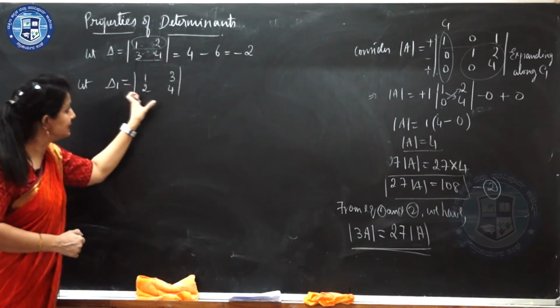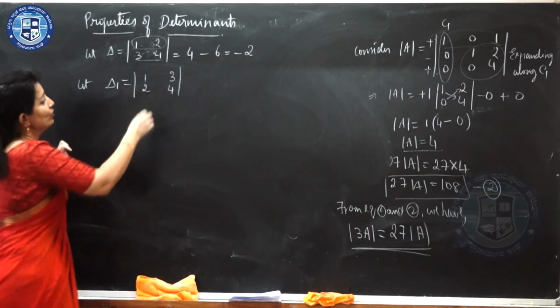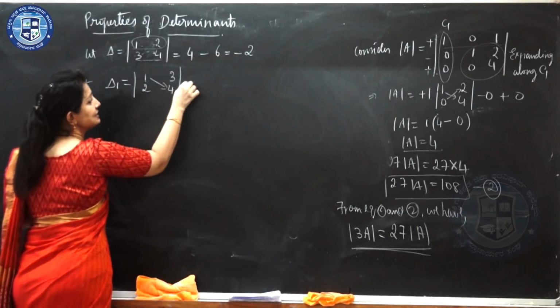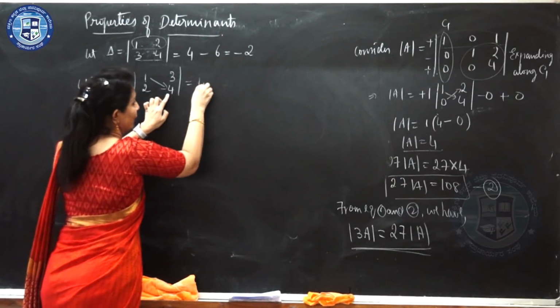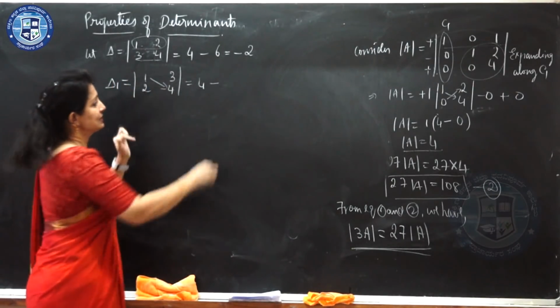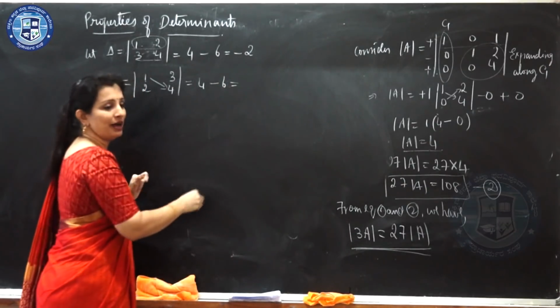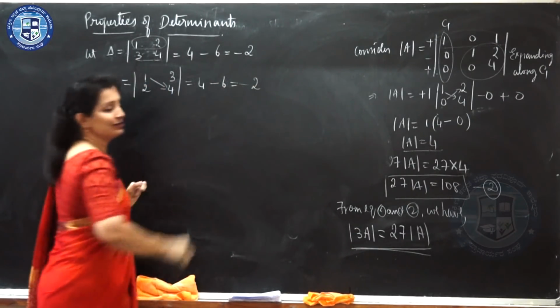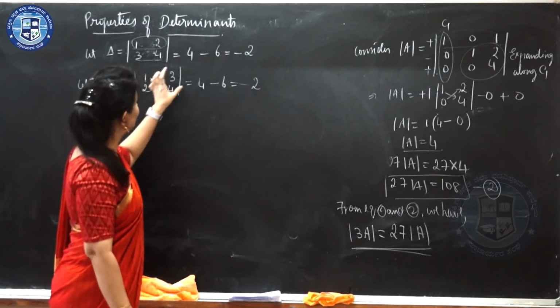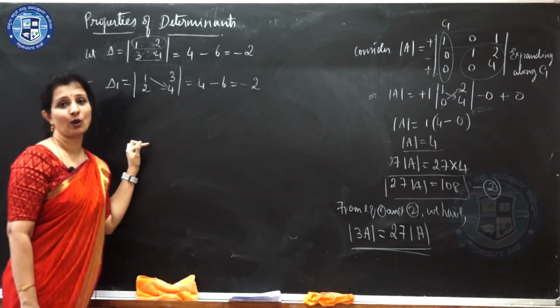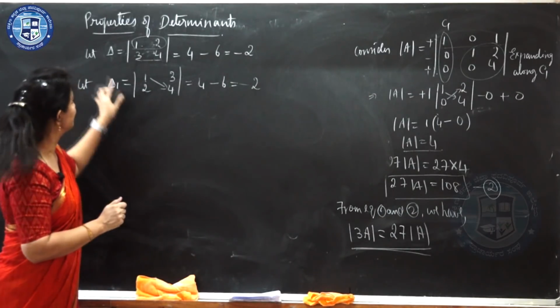So, when you interchange the rows and columns, now cross multiply, tell the value of this determinant, students. Delta 1 equals 1 into 4, 4, minus 3 2s are 6. How much? Again we get minus 2. There is no change in the value of the determinant if you interchange the rows and columns. So, make a note of this.